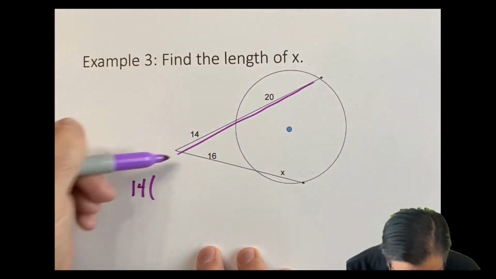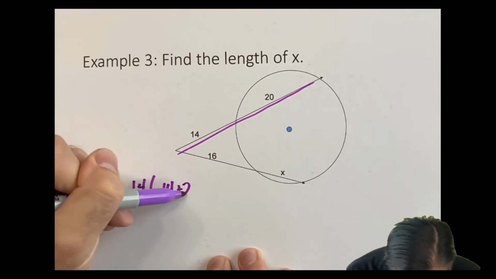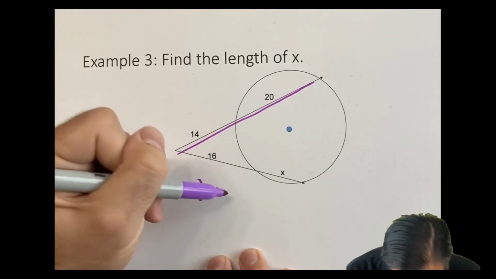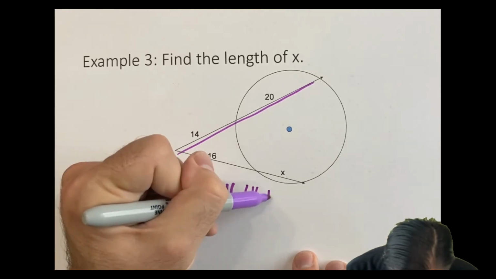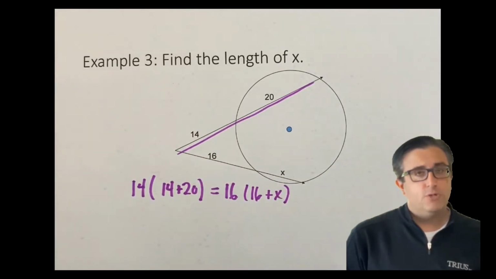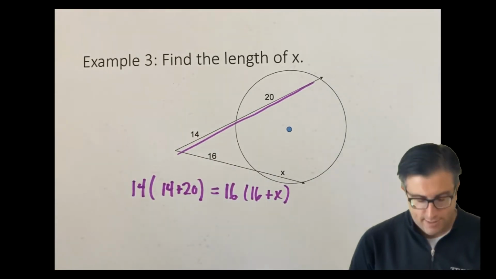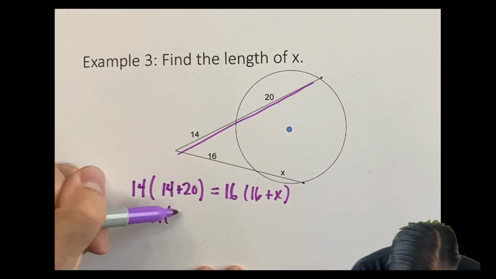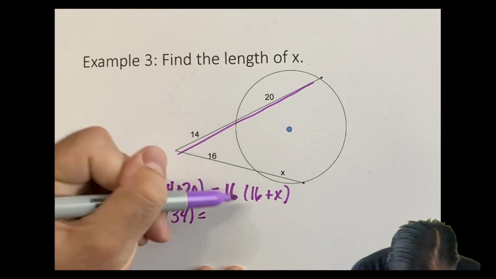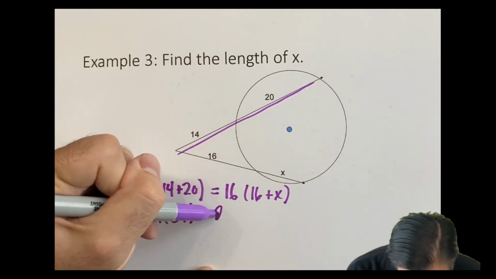The entire length is 14 plus 20. That equals the outside times the entire length. So again, theorems are hard to remember, especially with these letters. So I know that 20 plus 14 is 34. Then I need to distribute 16 to both of those.